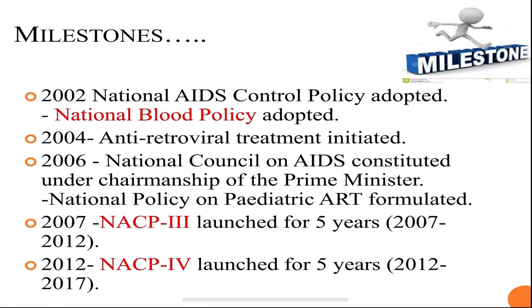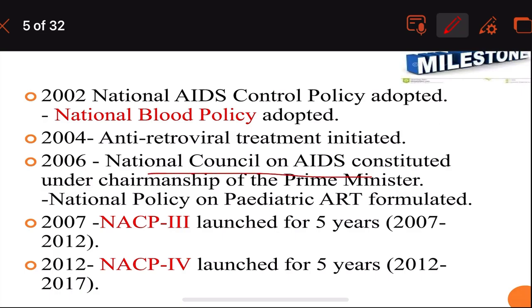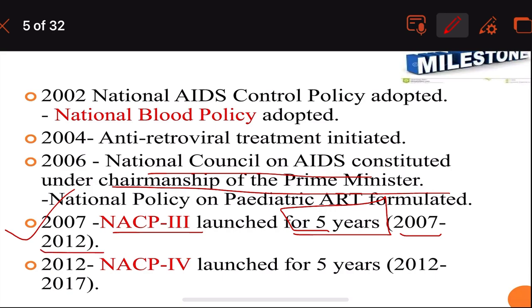Following, in 2002, the National AIDS Control Policy and the National Blood Policy were adopted. In 2004, antiretroviral treatment was initiated. In 2006, the National Council on AIDS was constituted under the chairmanship of the Prime Minister. In 2007, NACP 3 was launched for a period of 5 years, from 2007 to 2012.